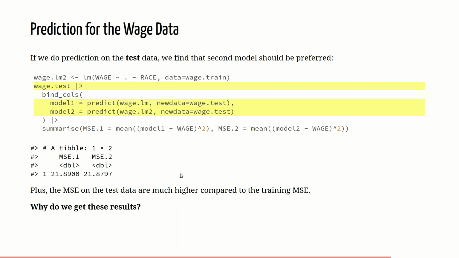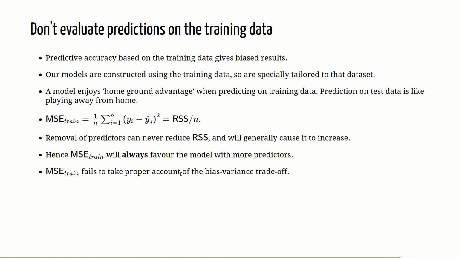And why is that? What it comes down to is the fact that we're predicting on the same data set that we're training on if we're looking at the training data. And that gives biased results, because our model was constructed using the training data.